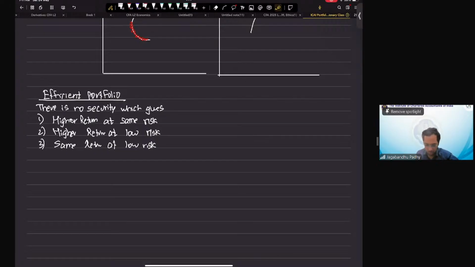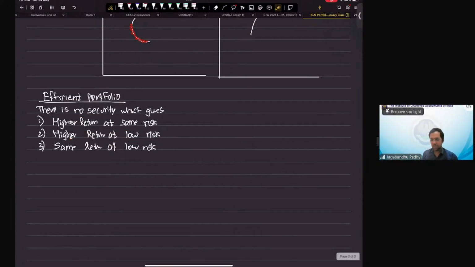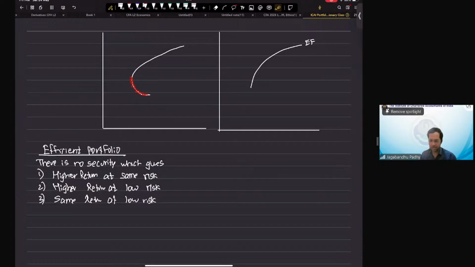So the efficient portfolio is such a portfolio where, in comparison to that security, there is no security which gives higher return at same risk, higher return at lower risk, or same return at lower risk. That's your efficient portfolio, right? And the collection of all those efficient portfolios is what we call the efficiency frontier. Okay, this is what the efficiency frontier is.